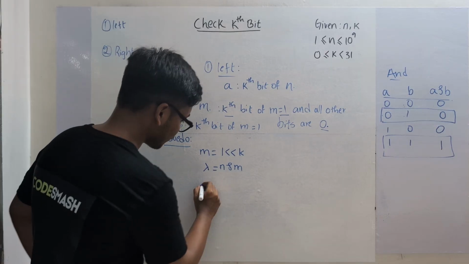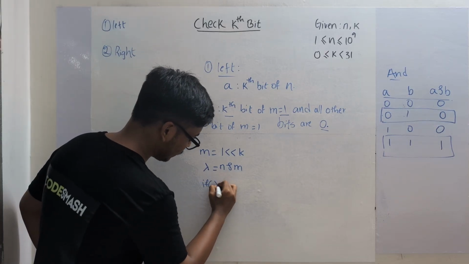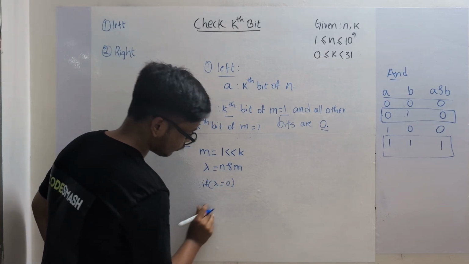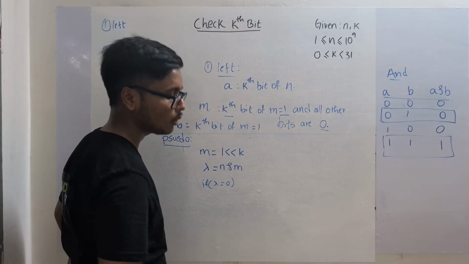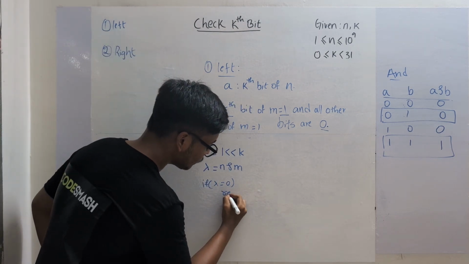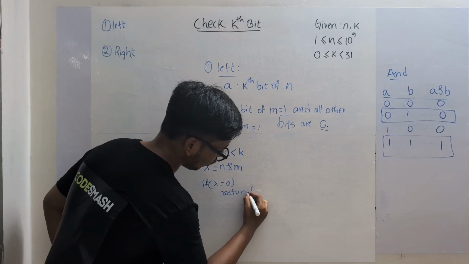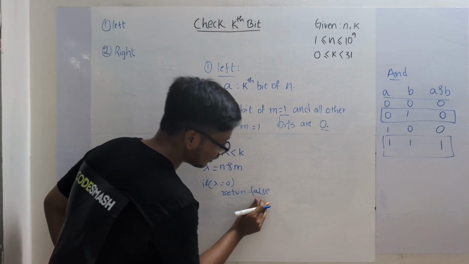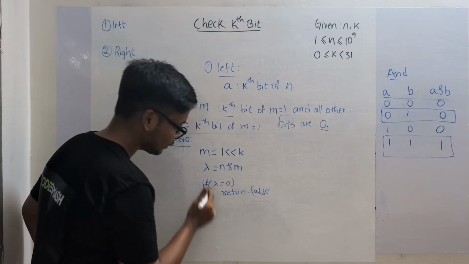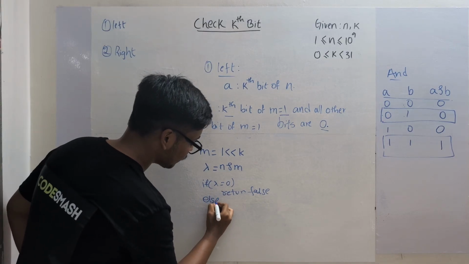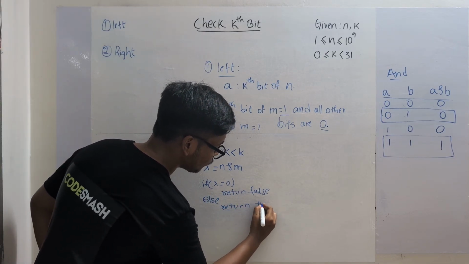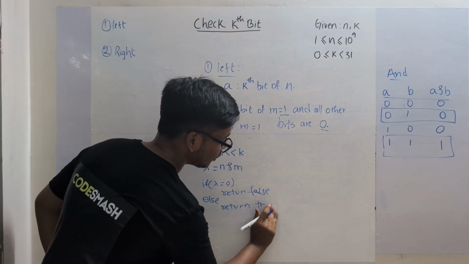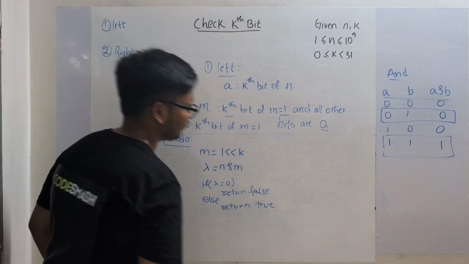As we discussed, if lambda is 0, then the value at the kth bit is 0, which means it's not set. So we have to return false. It means the value of the kth bit is not set. Else we have to return true. It means the value of the kth bit is 1.